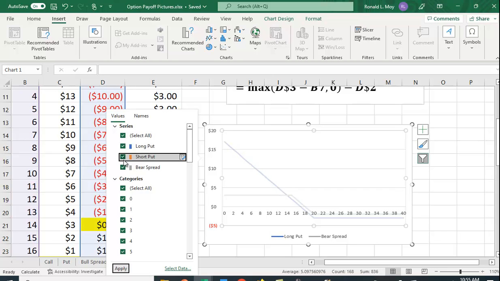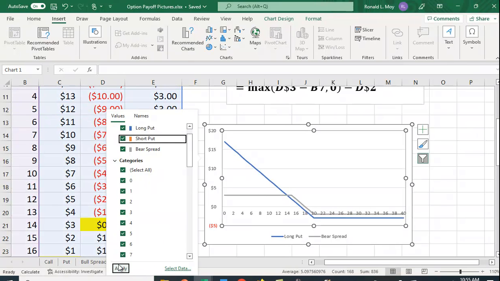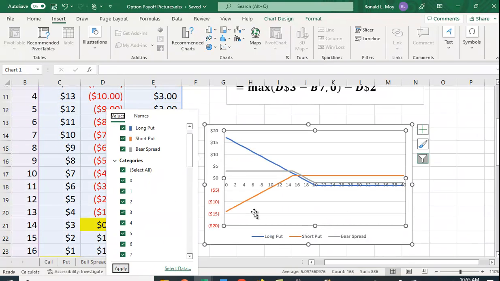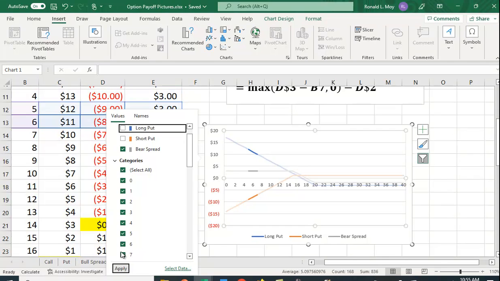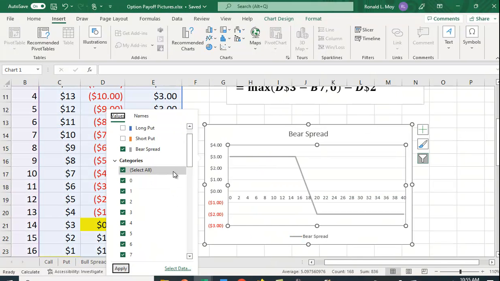If you want to show all three together, it makes it kind of complicated looking when it looks like this. This is the short put, the blue one is the long put, and the gray one is the bear spread. But you can show one at a time, just the bear spread, or just the long put, or just the short put.